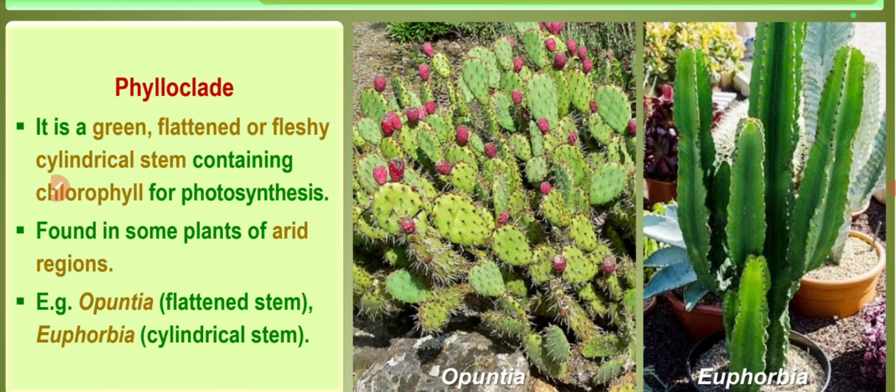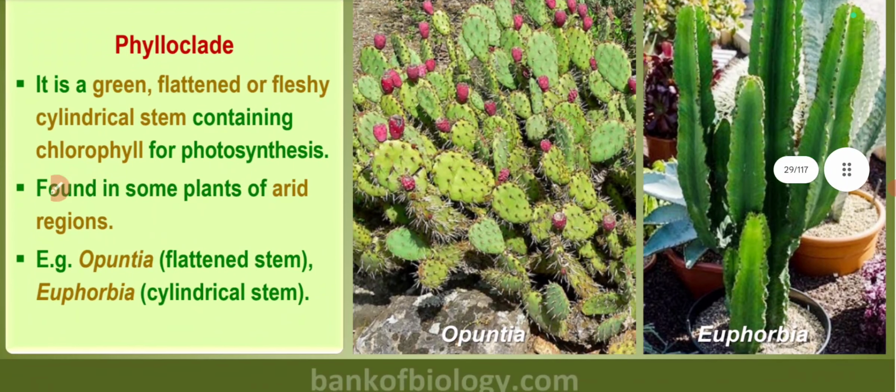Found in some plants of arid regions. Arid regions are dry lands defined by a scarcity of water, that is, desert areas, where there is very little or no water. So phylloclades are found in desert plants. Examples are opuntia, with a flattened stem, as you can see in the diagram, and euphorbia, with a cylindrical stem.